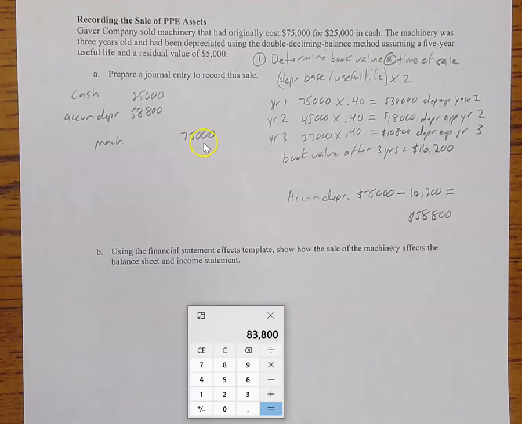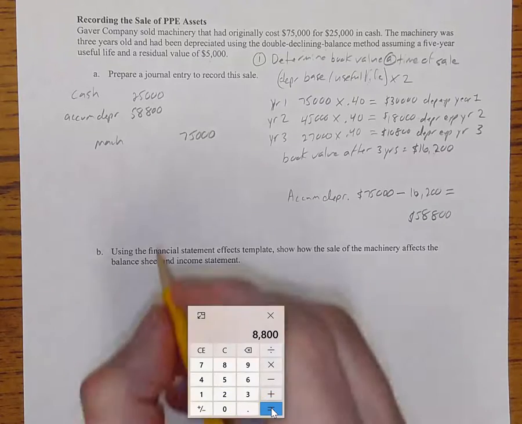We have one credit to get the machinery, that's machinery is what that says, trust me, of 75,000. So we subtract that out, and we have a remaining $8,800.